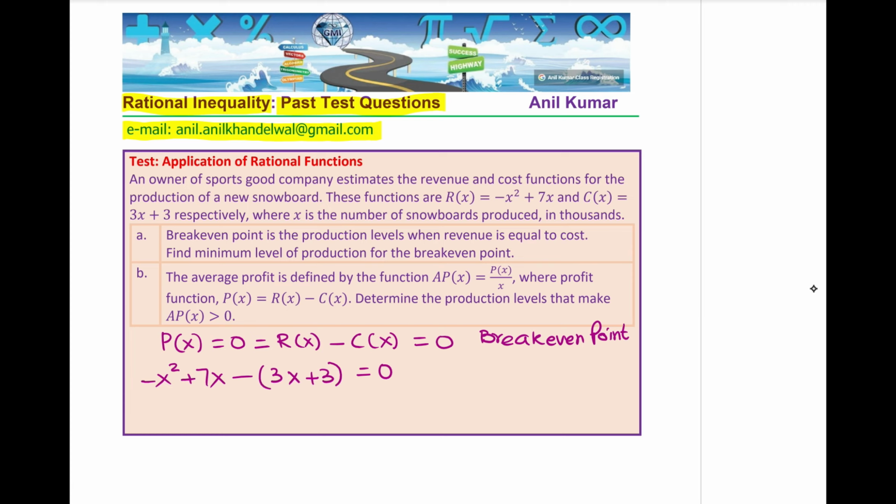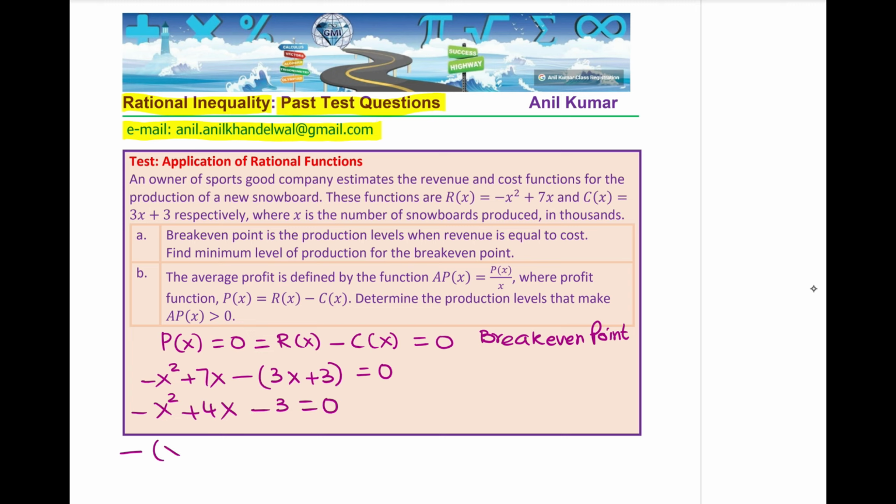Now this is a quadratic equation which we can solve. We have minus x square, 7x minus 3x gives us 4x, and when you open the bracket we get minus 3, which should be equal to 0. Now you can factor this equation. You can take minus common, and then 3 is the product of 3 and 1, and when you add them you get 4.